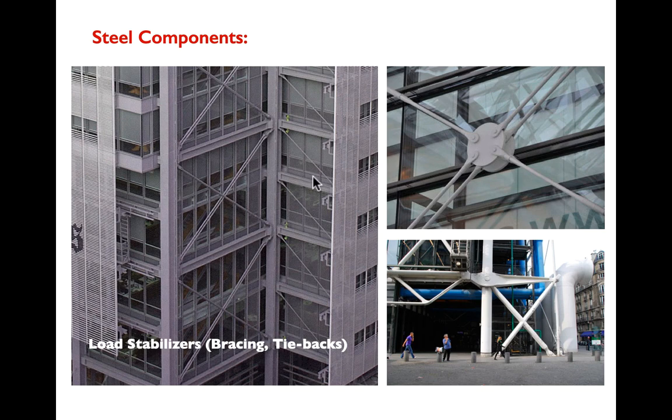Up here too, you see a really nice detail by Piano where cross bracing is coming in, and instead of, as at the New York Times building, sort of running past itself, here it all resolves into a single steel plate in the middle. All of these components, the turnbuckles, the pins, the plates, are made of steel.